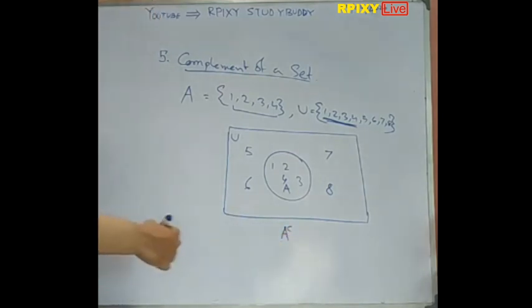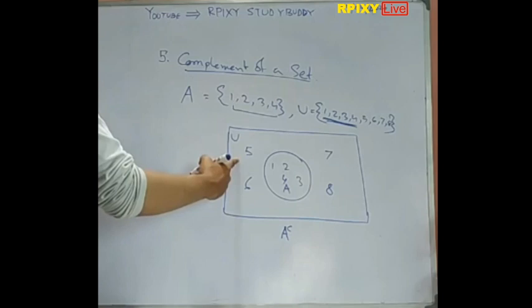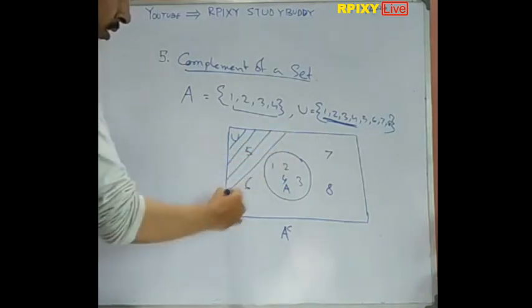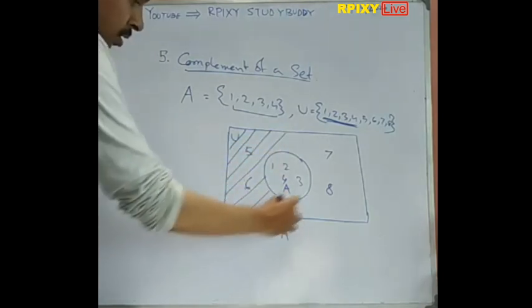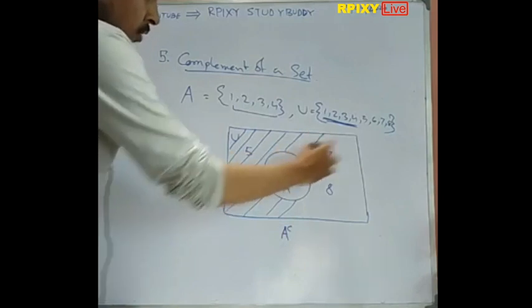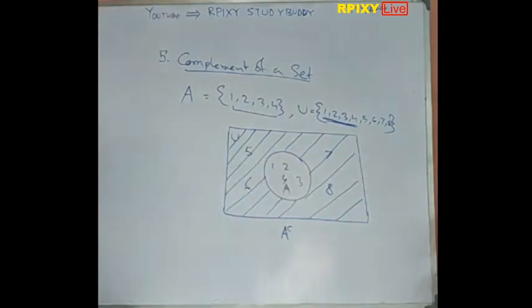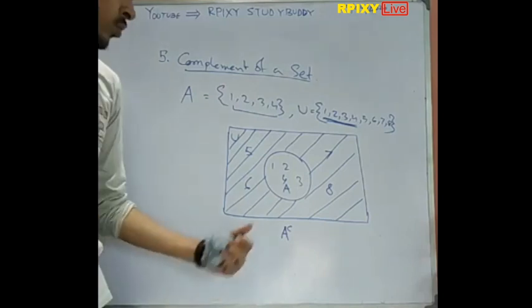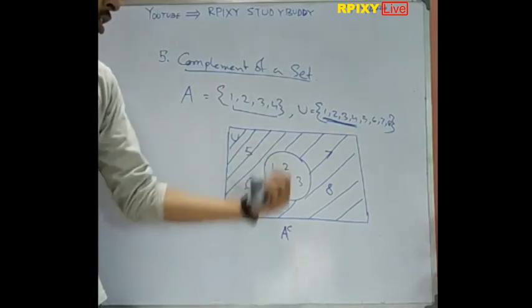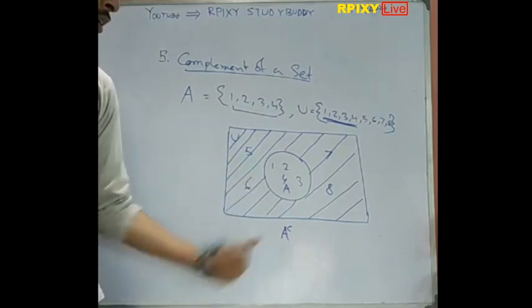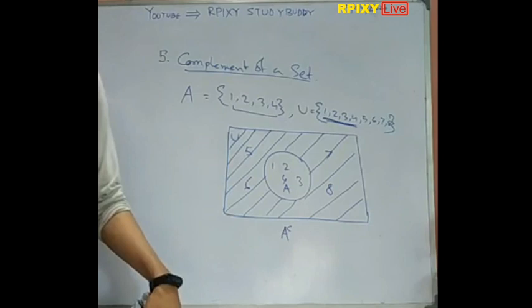A complement is the elements of U except the elements of A. That means you have to take all the region except the region of A. So this is the Venn diagram of A complement.